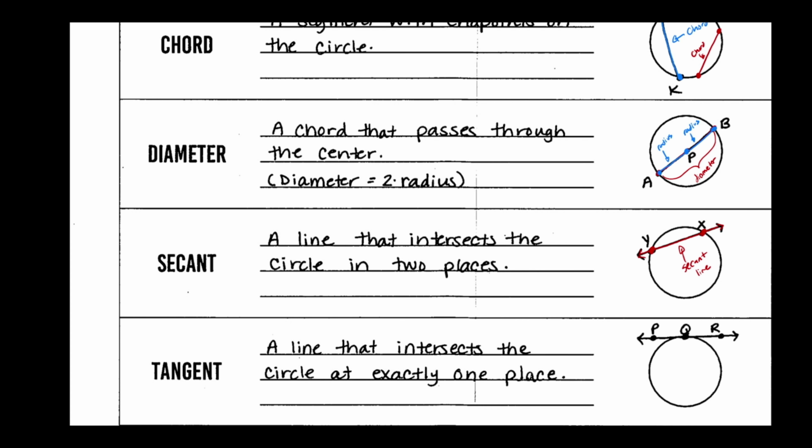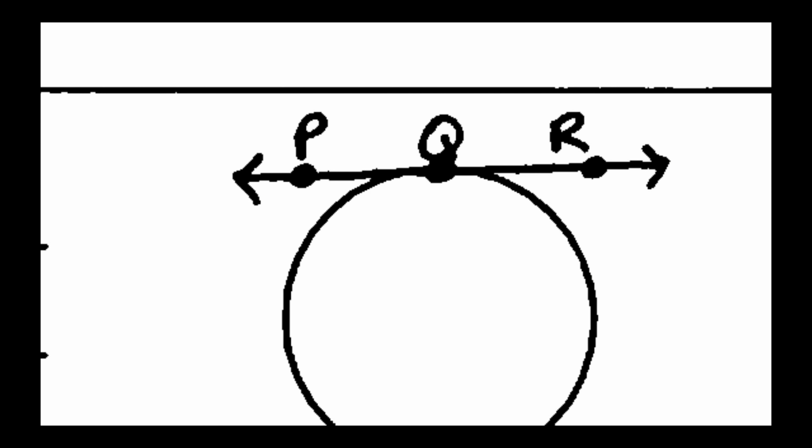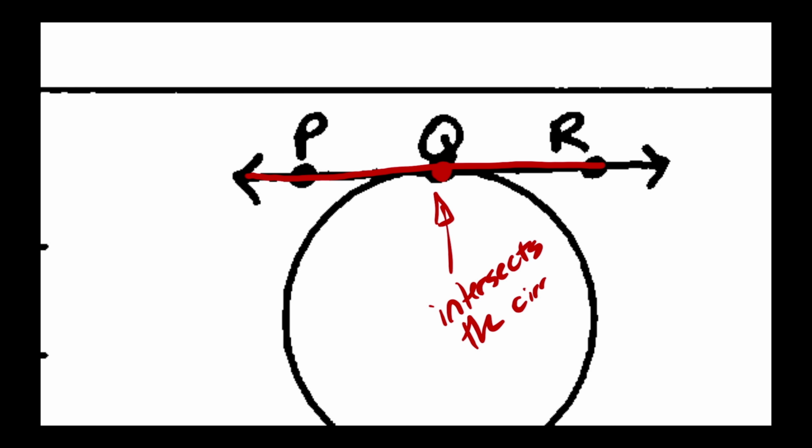Hey, mister, what if I have a line, but it barely touches the circle? Like I have a line on the outside and it hits the circle only right here. It only intersects the circle once.